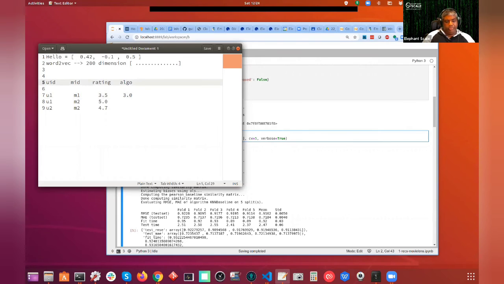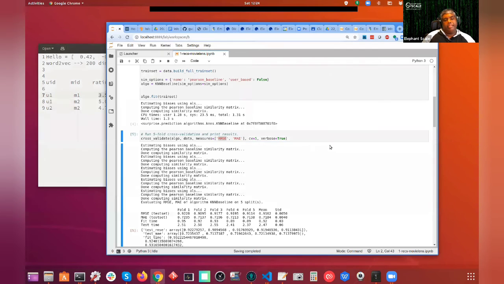Then the delta, or the residual, is the actual minus the prediction: 3.5 minus 3, which is 0.5. You get the idea. We covered this in the regression algorithms. You want to get as close to the original rating as possible. So that's the idea.